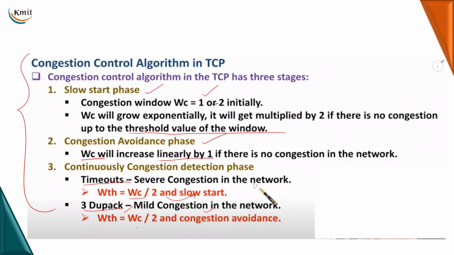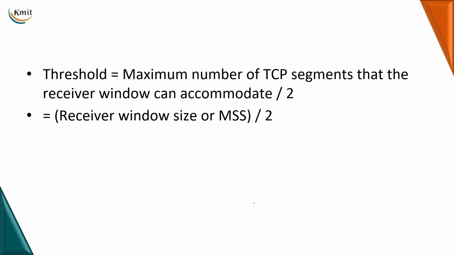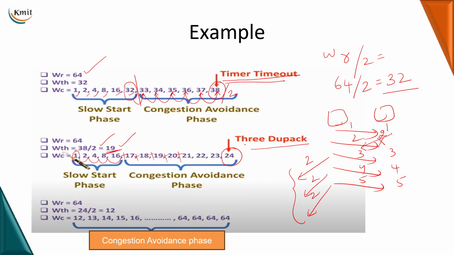Let us look at an example here. Here you received the 3 duplicate acknowledgements, which is a sign of mild congestion. So you will divide this congestion window value by 2, so the threshold value will become 12, and then from here you will do the congestion avoidance phase.